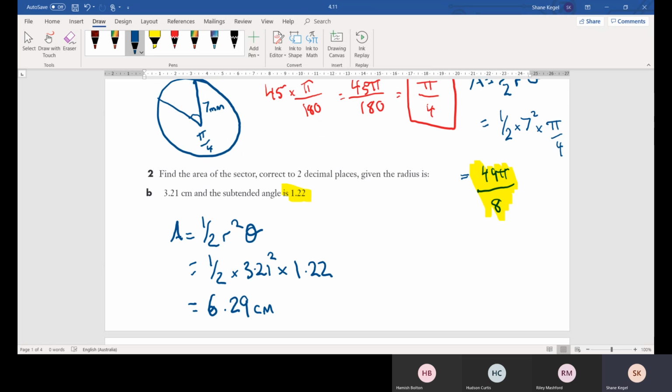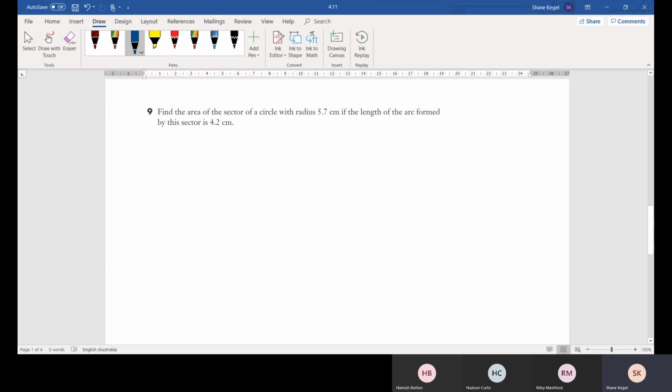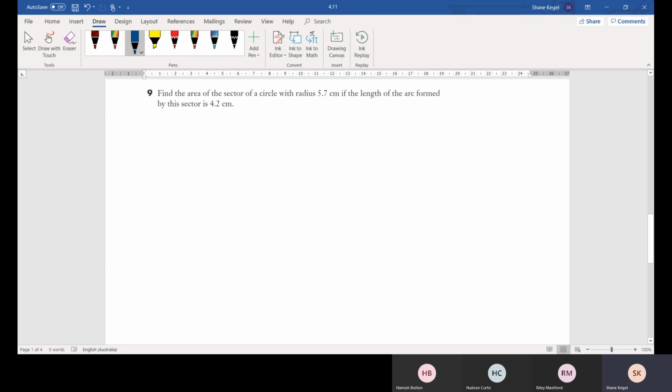Let's have a look at a little bit of a harder question. Find the area of the sector of a circle with radius 5.7 if the length of the arc formed by this sector is 4.2. So this is similar to the second question we looked at in the last exercise. So I've got my circle, I've got my sector here.